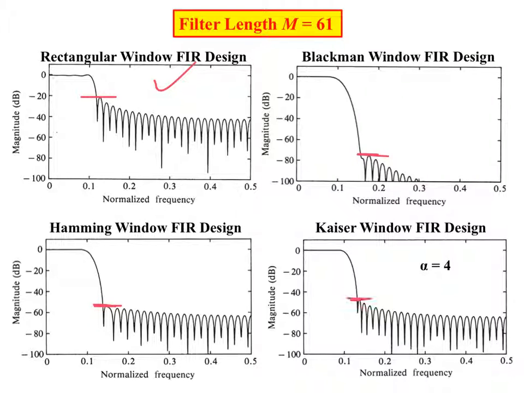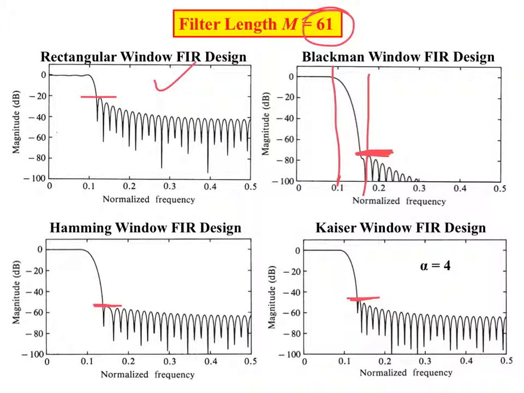So you can see that you can adjust that by picking a different window. And then if this is too broad of a transition, say we wanted a side lobe down that far, we can increase the filter length to tighten up that transition bandwidth.